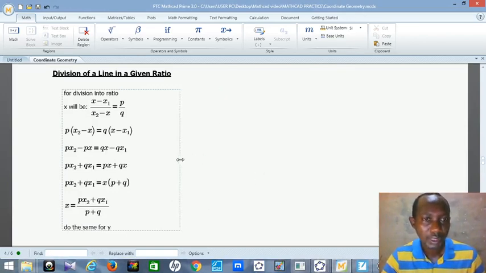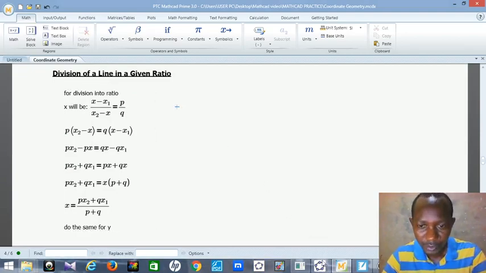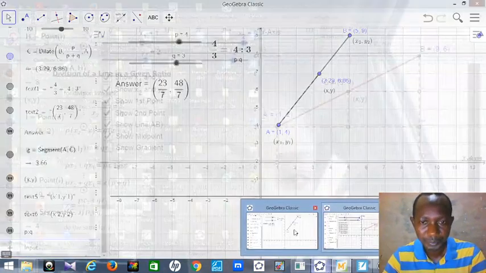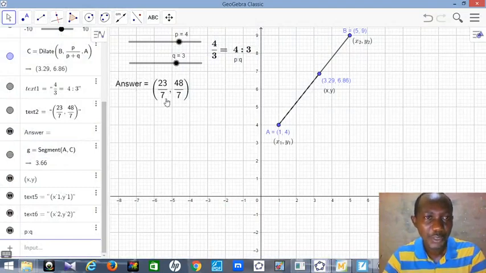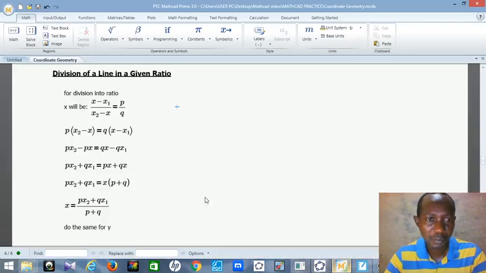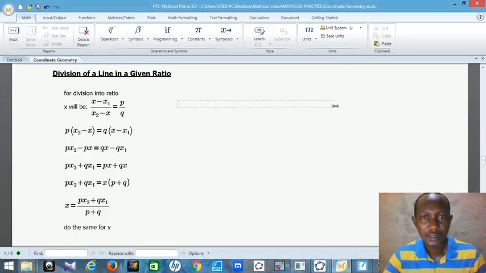So before we go for today's class, let's try this. I want us to solve this problem we have here. Let's see how they got this answer given this ratio and this coordinate. Let's say a question comes like this. An example can come like this.